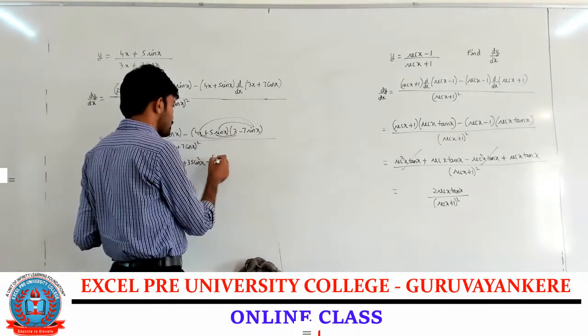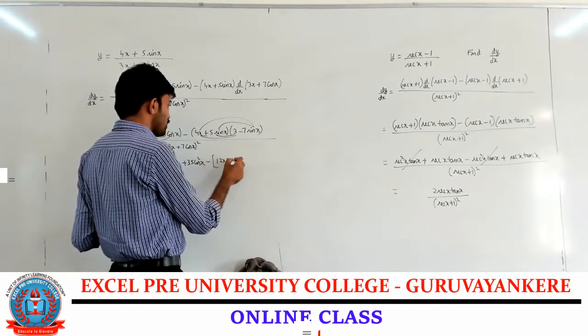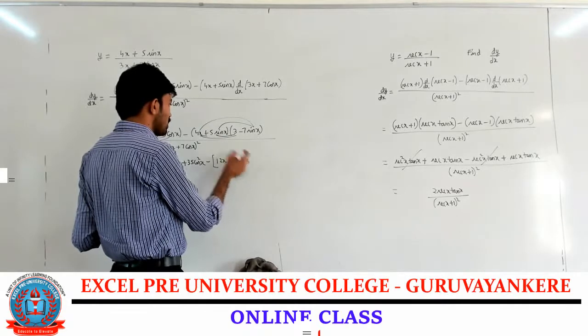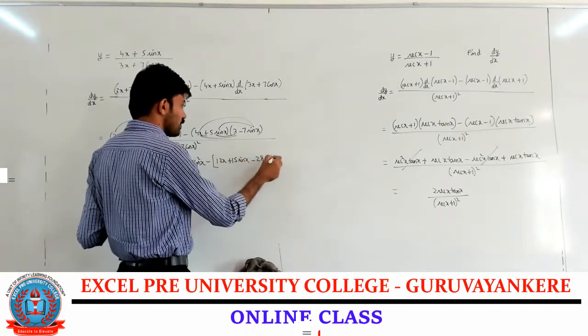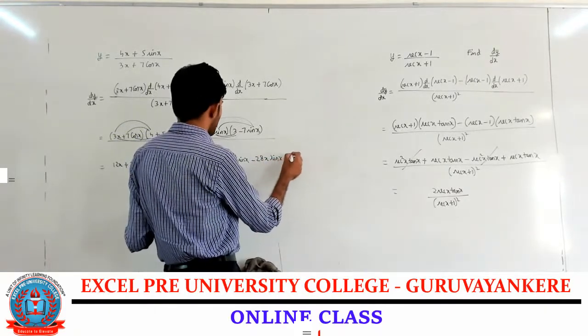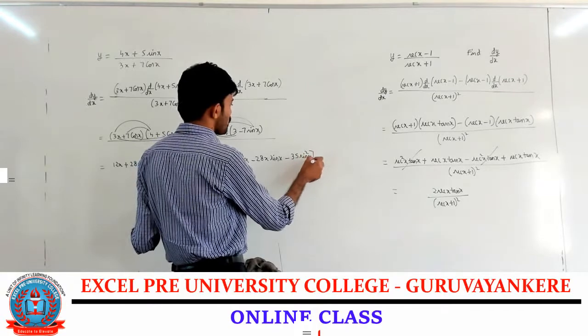Multiply: 4x into 3 is 12x, 5 into 3 is 15 sin x, minus 4 into 7 is minus 28x sin x, minus 35 sin square x.